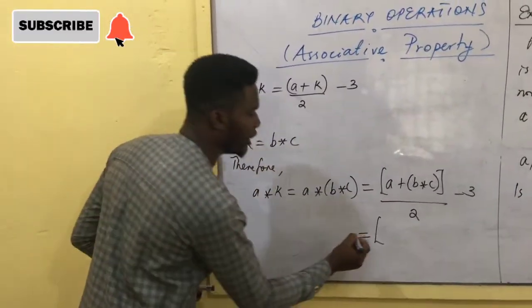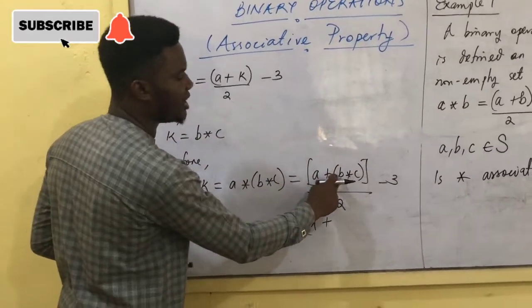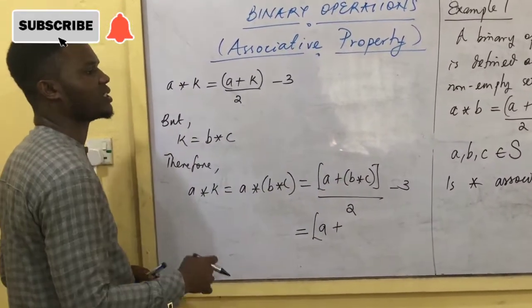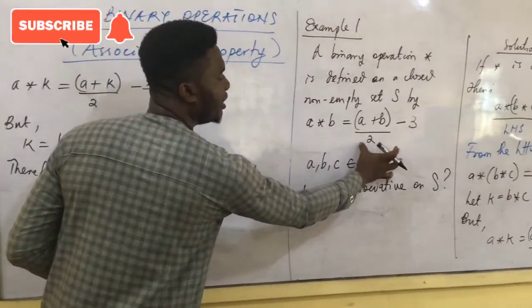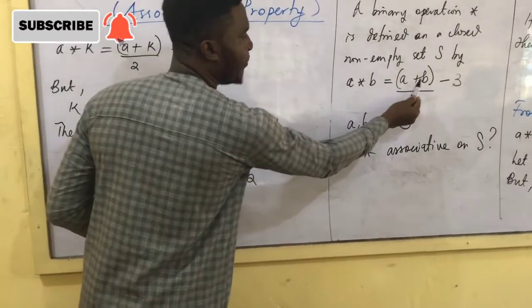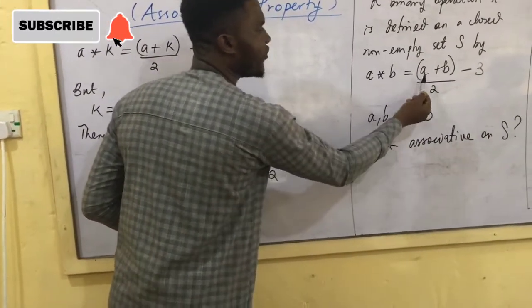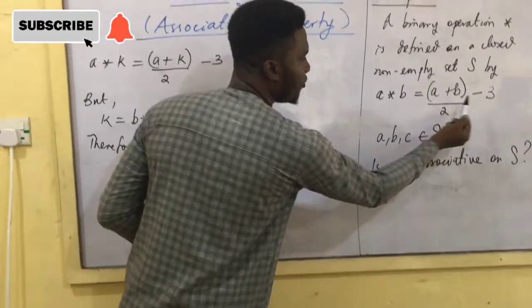So what am I going to do here? This is A plus, instead of B asterisk C, I'm going to define B asterisk C using what we've been given here also. Now, take note, A asterisk B is A plus B over 2 minus 3. First asterisk second is first plus second over 2 minus 3.